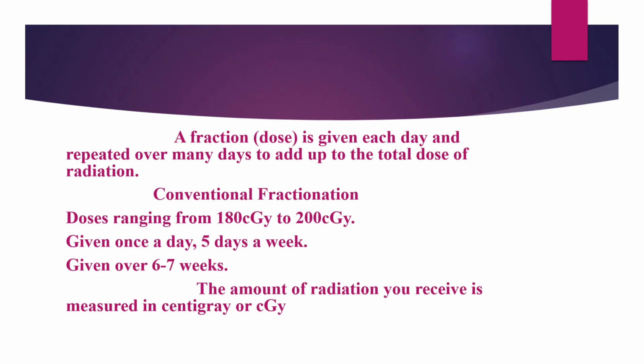A fraction or dose is given each day and repeated over many days to add up to the total dose of radiation. For example, in conventional fractionation, doses ranging from about 180 centigray to 200 centigray, or 1.8 gray to 2 gray, are given once a day, 5 days a week, that is Monday to Friday, with Saturday and Sunday as holiday, and this will be repeated over 6 to 7 weeks.